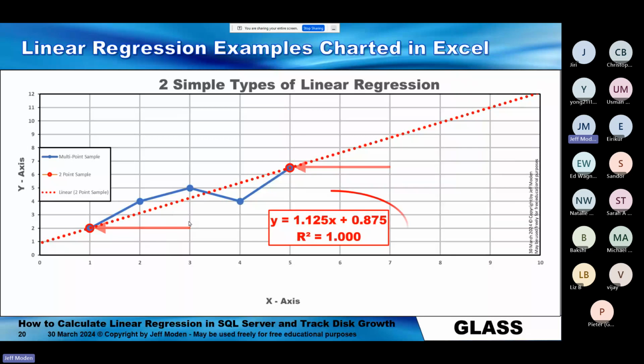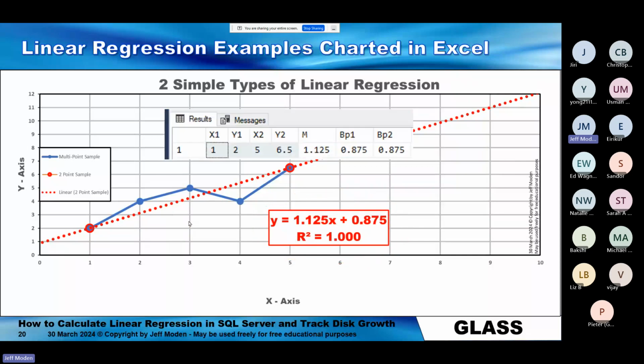All righty, so what we ended up with when we ran the code, again, we were looking for the 2-point sample, and this was the formula that Excel came up with for this line. And we came up with our x1 and x2 just to show that x1 and x2 were at 1 and 2, and this second point was at 5 and 6.5.